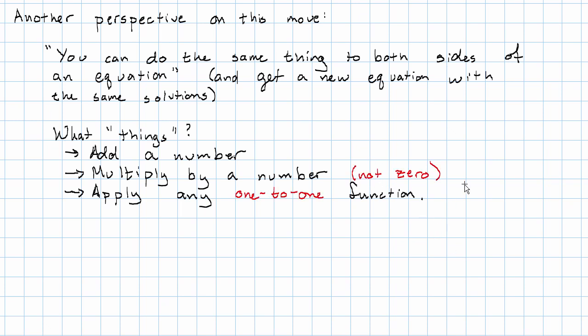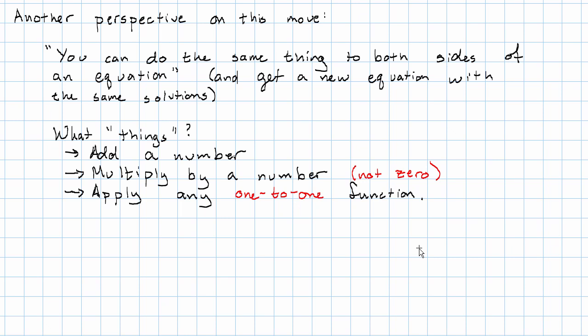Interestingly, remember that the numbers that are not 0 are the ones that had a multiplicative inverse, and the one-to-one functions were the ones that had an inverse as functions. It's not a coincidence that these are the things that we can apply without changing the solutions.